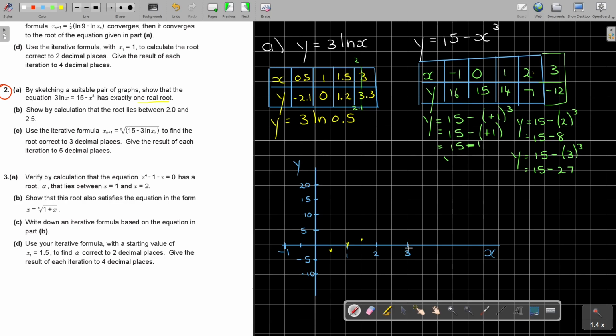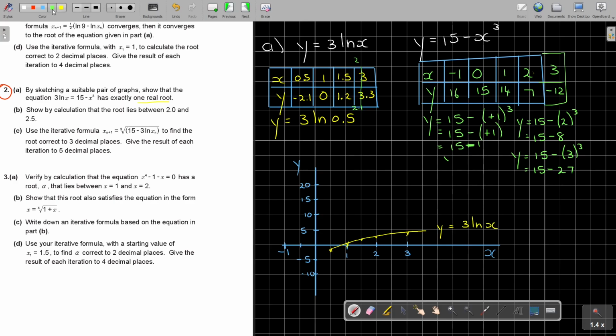Remember 2 was 2.1. But 3 was 3.3, so it was a bit higher. Maybe too high there. And if I draw it, remember, it's a curve. It's just now a little bit lower. So this is y equals 3 ln x.